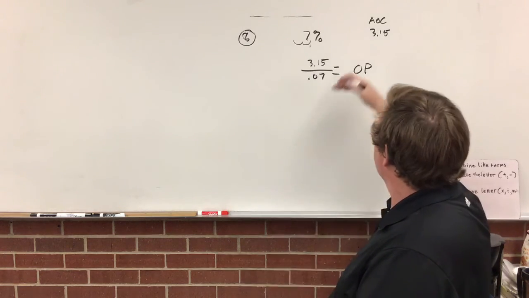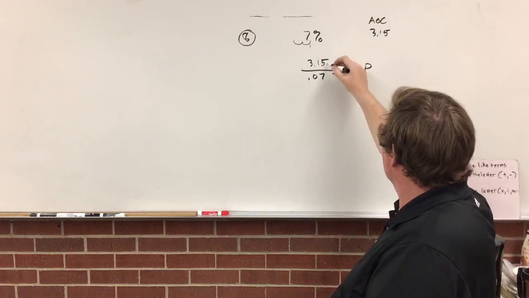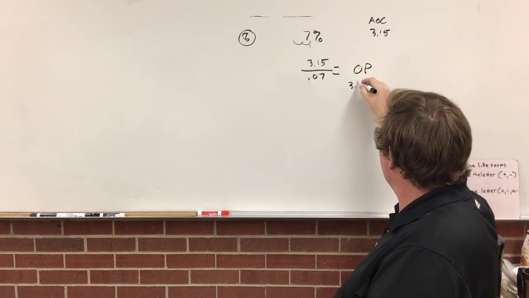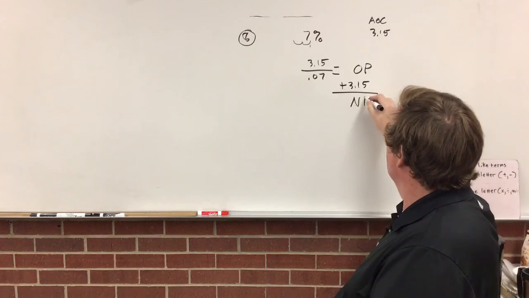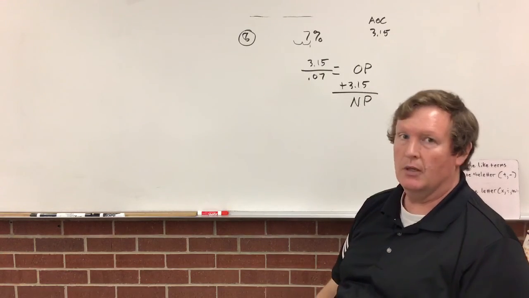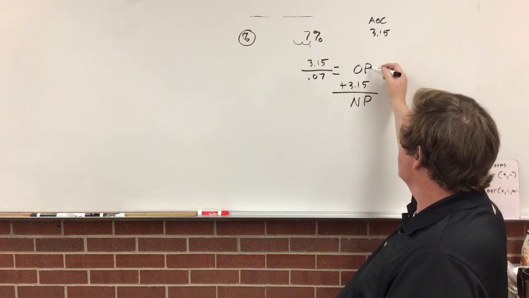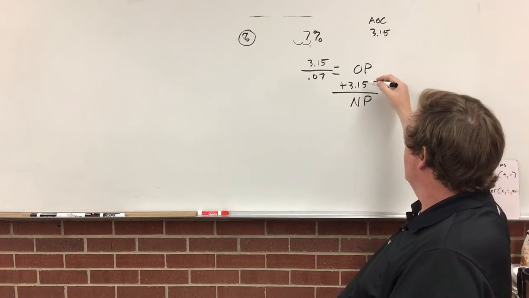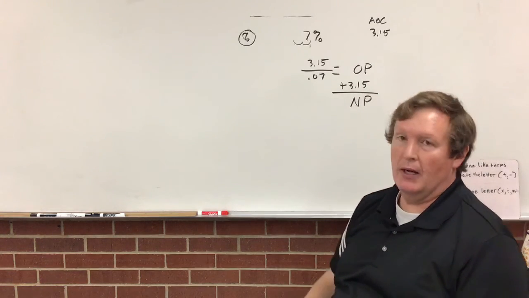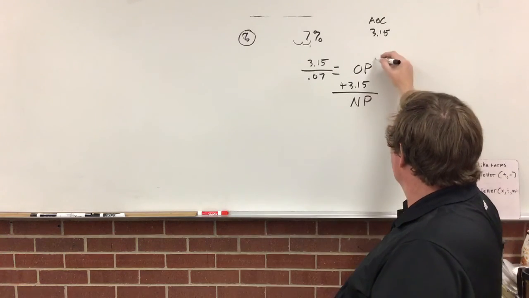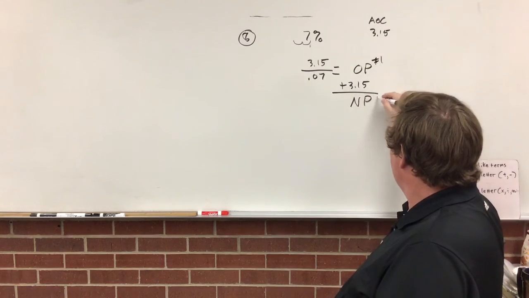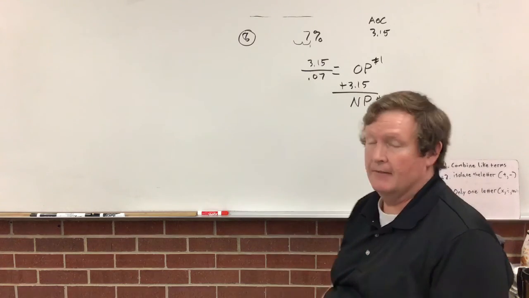What's the old price? And then you're going to come back and take the amount of change, which was $3.15, and add it back to get the new price. So old price, add the change, and get the new price. This is answer number 1 on number 8, and this is answer number 2 on number 8.